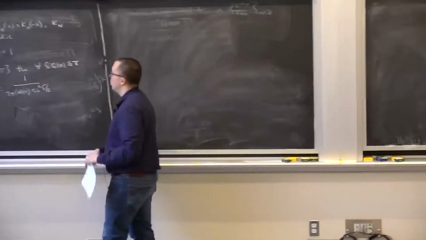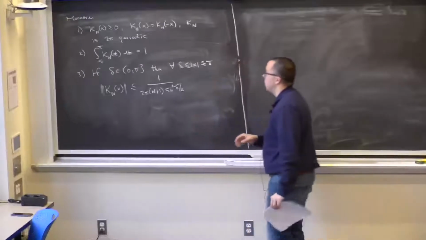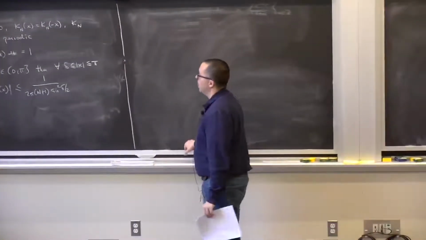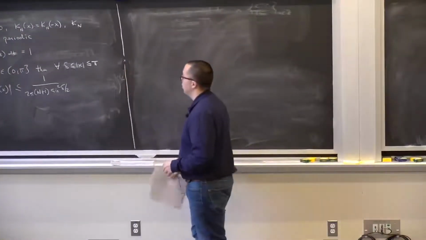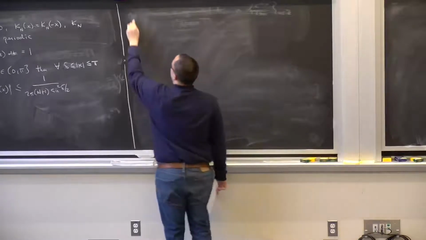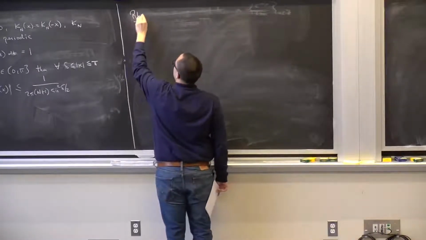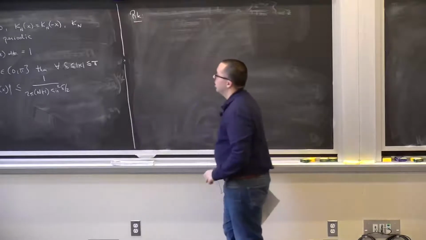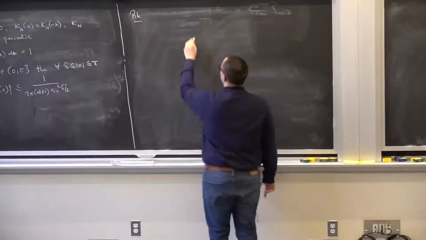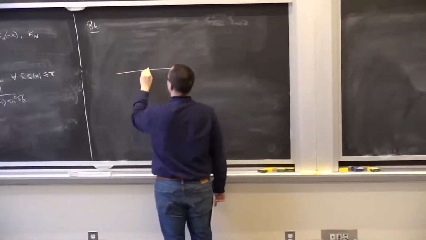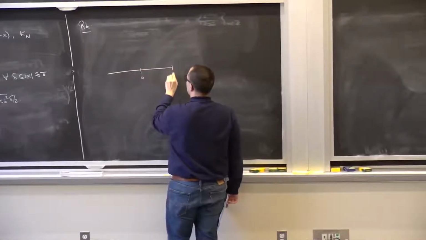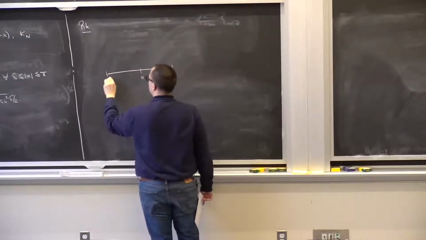So let's prove this theorem, but since I have these properties right here, let me go ahead and make a few comments before we prove it. What does that mean Kn looks like? Let me draw 0, pi, minus pi.